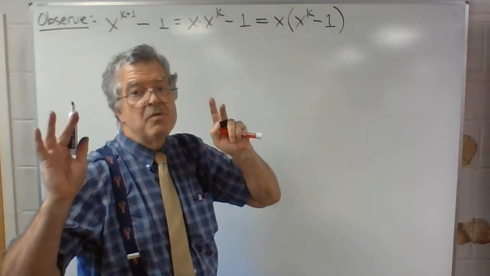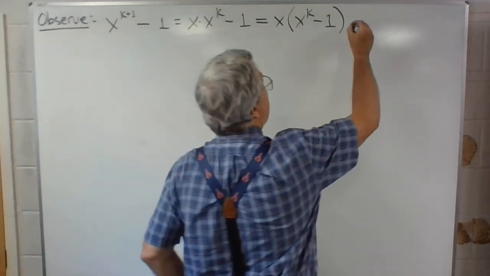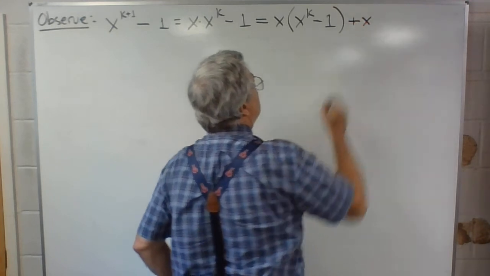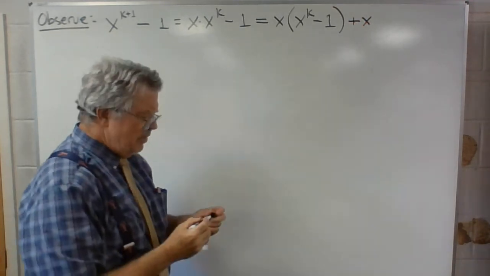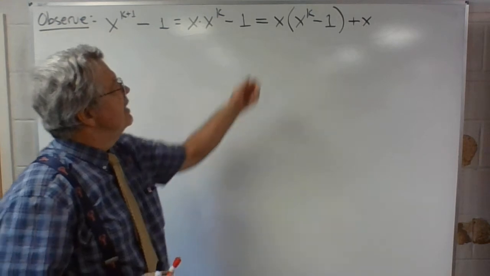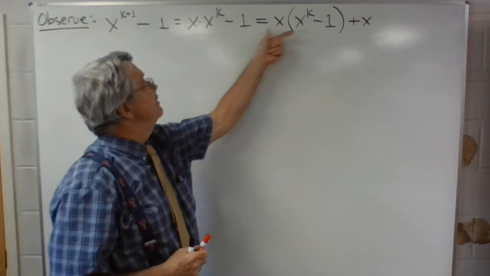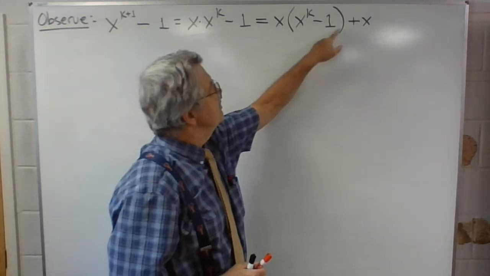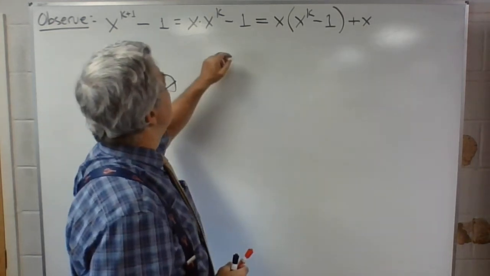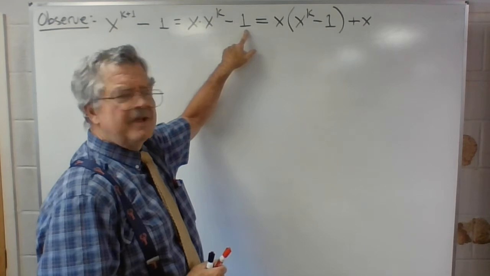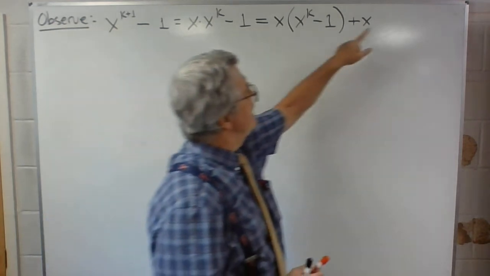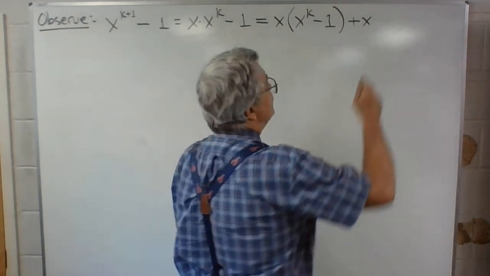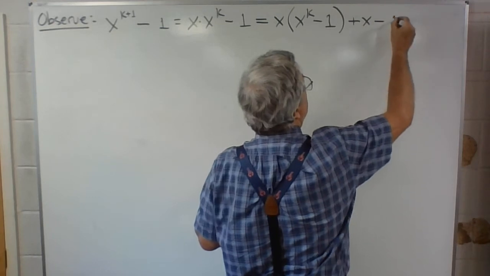I have to atone for my sin by adding x back. Does that get me where I want to go? Let's see. I have x times x^k minus x plus x. The only thing I'm missing, I don't have a negative 1 out here. So I'm going to put that right here.